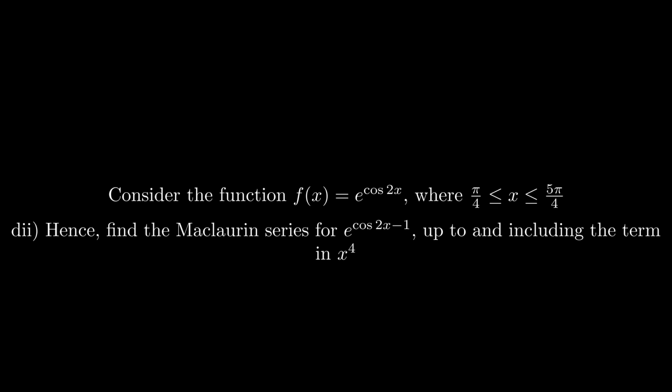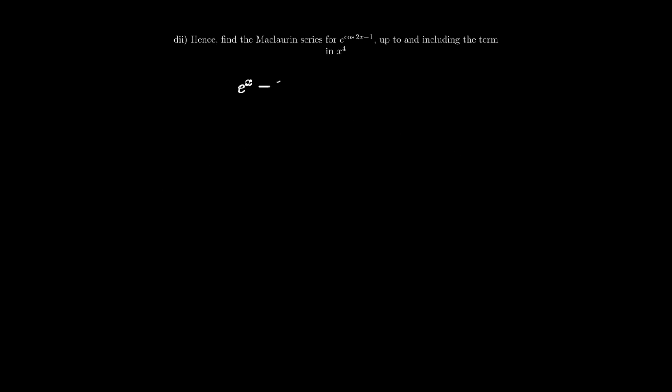For part 2, we're being asked to expand that to find the Maclaurin series for e to the cosine 2x minus 1. Again, in the formula booklet, we're given the Maclaurin series for e to the x. This is 1 plus x plus x squared all over 2 factorial plus x cubed all over 3 factorial plus x to the 4 over 4 factorial.